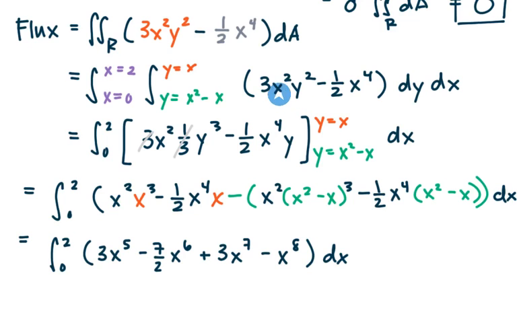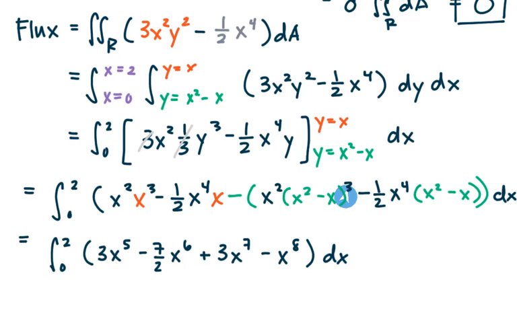So integrating each term with respect to y, that gives me a 1/3 y cubed here. The 3 and the 1/3 cancel, so I just have x squared y cubed. And then over here I have 1/2 x to the fourth, and I add a y. So this is the annoying part because we've got to plug in x for both of these y's. We get an expression minus plug in this expression for both of my y values, which looks like this.